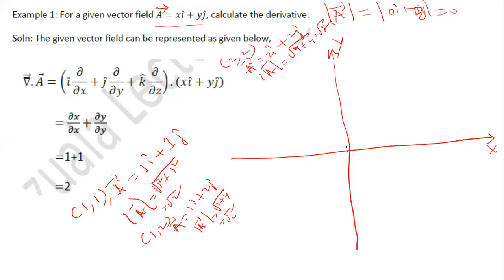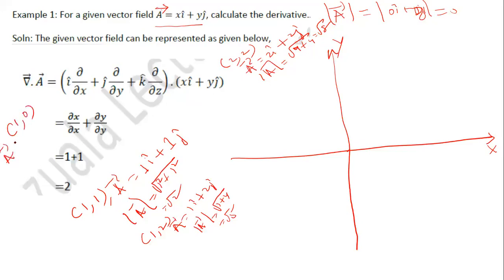So as you move away from this origin, the amplitude of this vector will increase. So that means this vector quantity will vary with space. At this point, the vector has zero magnitude. As you move away from this point, the vector will have a certain magnitude. Let's say this particular point is 1, 0: x is 1, y is 0.